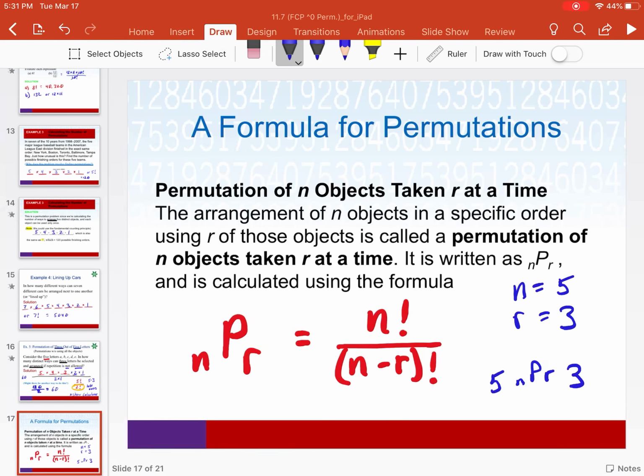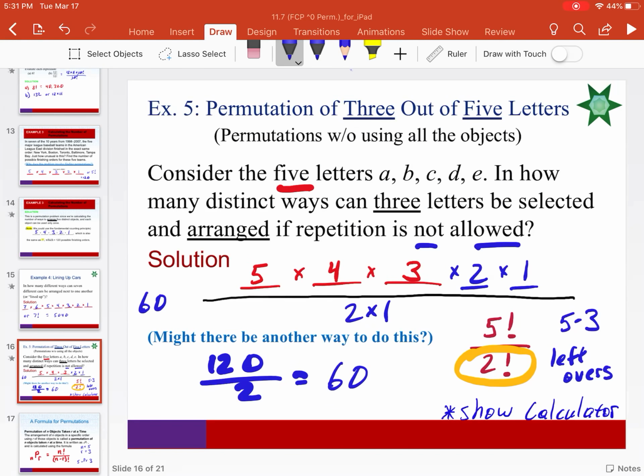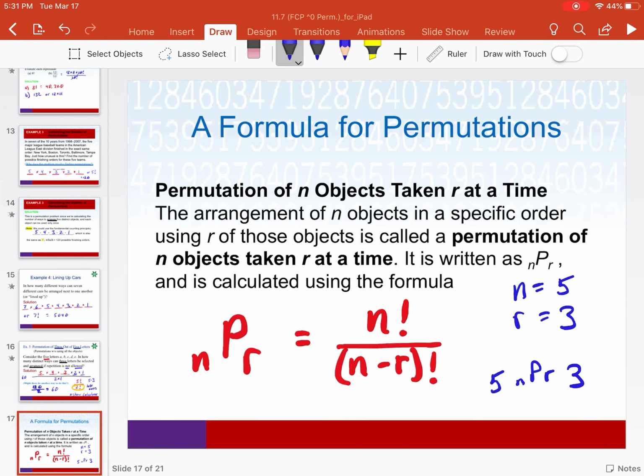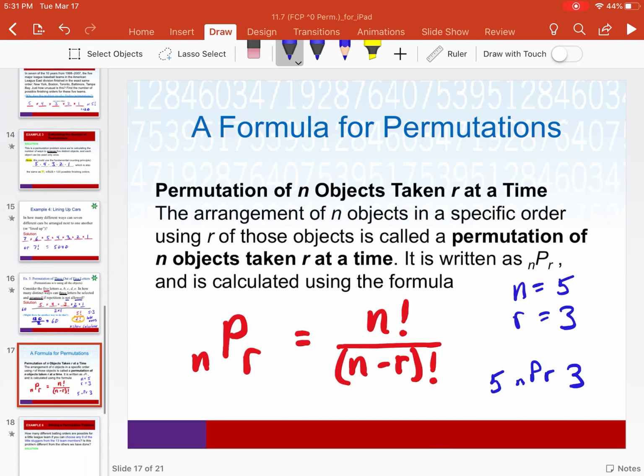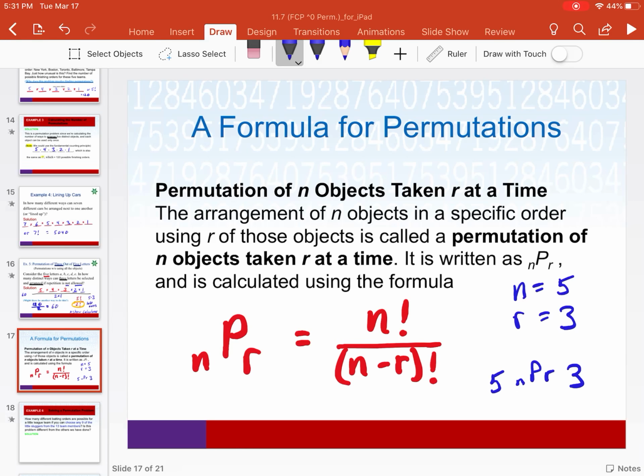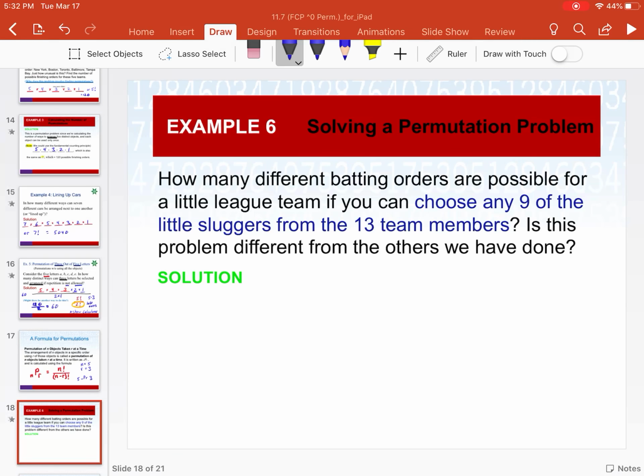So that's how it might look on your calculator. But again, just try this one because you're supposed to get 60 on the problem that we just did. So just try it until you can make your calculator produce 60. All right? Again, I wish I could be there with you. If you're really struggling, don't hesitate to send me an email, and we'll try to figure something out, okay?